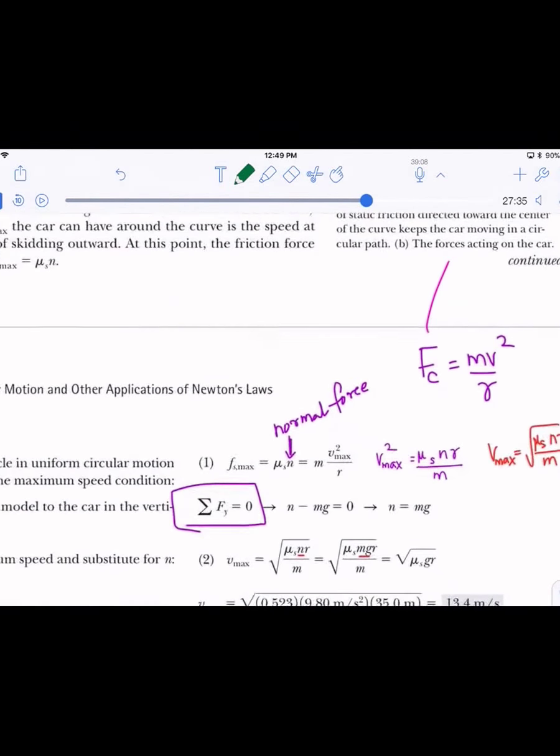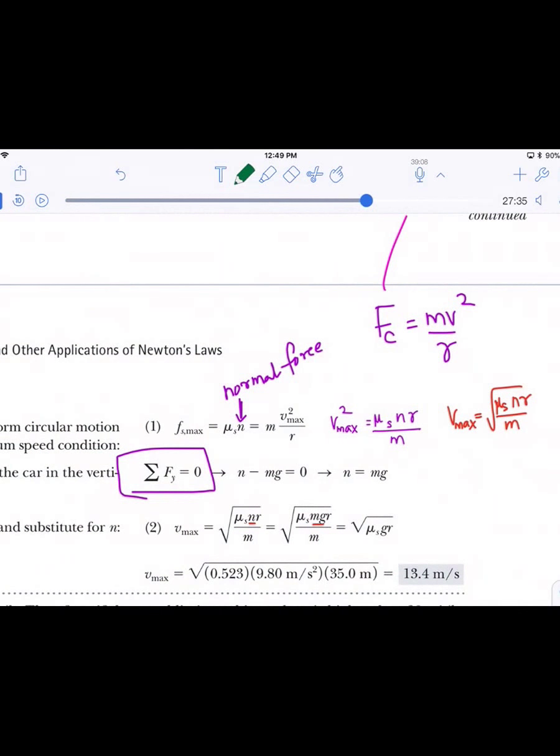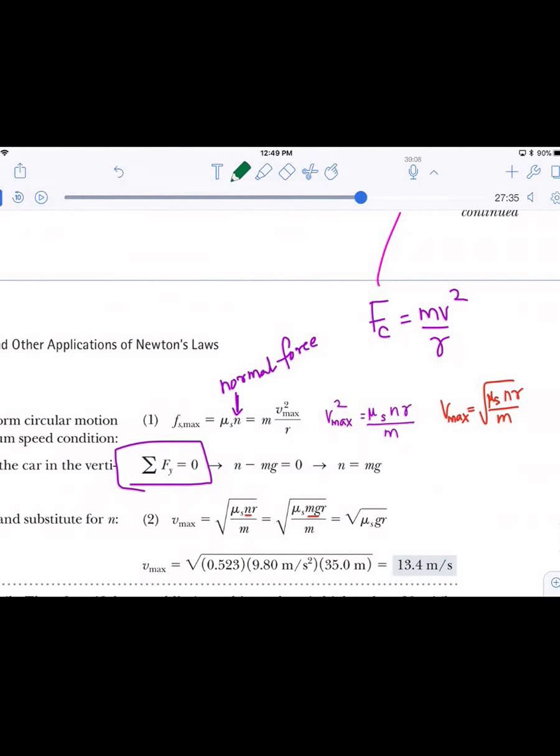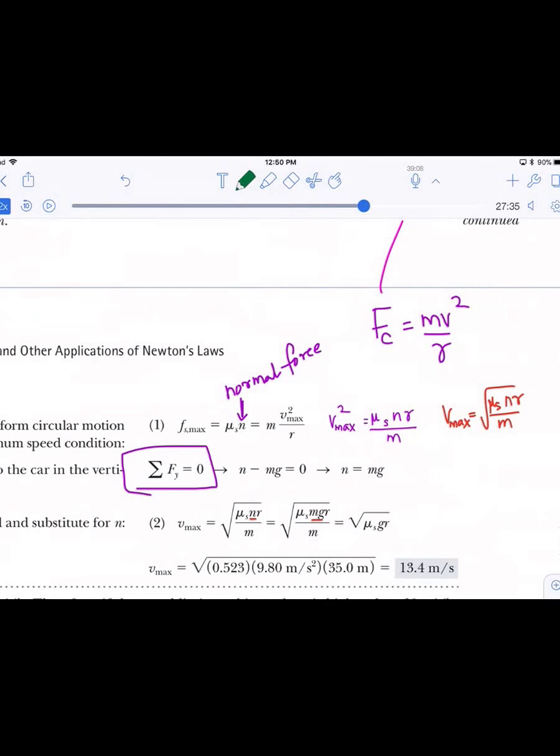Now you can see that the friction force which is acting towards the left is actually pointing towards the center of the curve. So that means friction force will be the centripetal force. Once again, friction is towards the center of the circle, so friction is acting like the centripetal force.